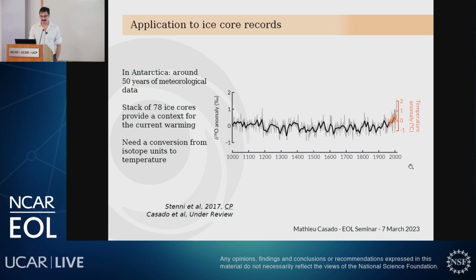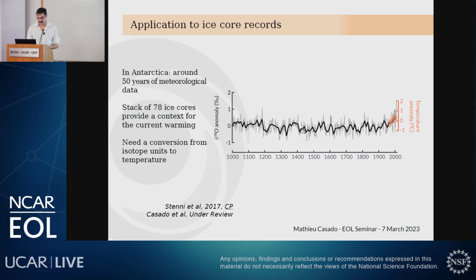This could be very important because in Antarctica we have very few years of temperature measurements, only about 50 years, and not even for a lot of sites. So it's very difficult to evaluate the current warming in Antarctica. There have been a lot of contradictory studies on whether we could already detect it with meteorological measurements.